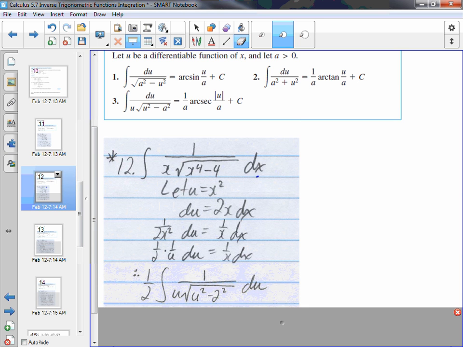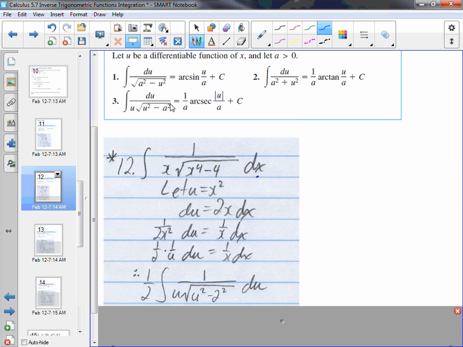Right. Now we can make our substitution. So the 1 stays a 1. The square root of the x to the 4th is u squared. The minus 4 is minus 2 squared.